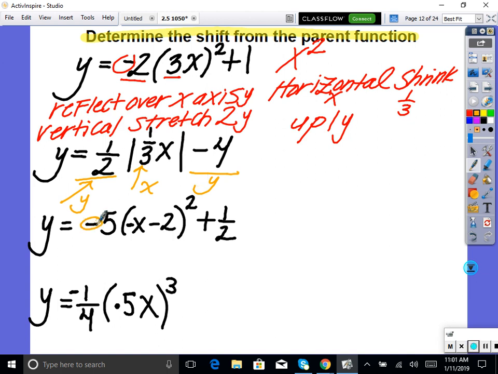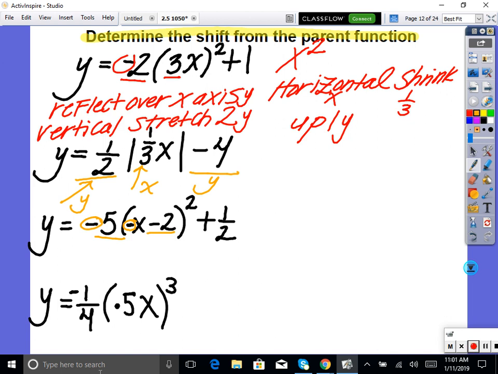A reflection over x, vertical stretch of 5, reflection over the y-axis. It's left 2, isn't it? We have to pretend, right? We have to factor out the negative.